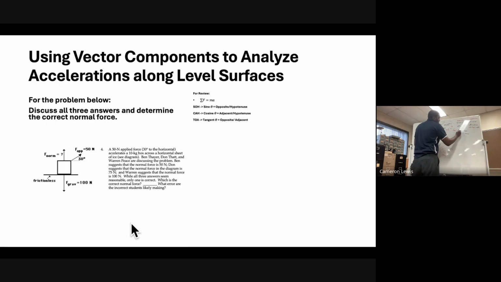We don't know our normal force, but we know that the F applied y is 25. So if I want to find out how much my normal force is, I see addition, so I must do subtraction. So now we know the normal force is actually equal to 75.